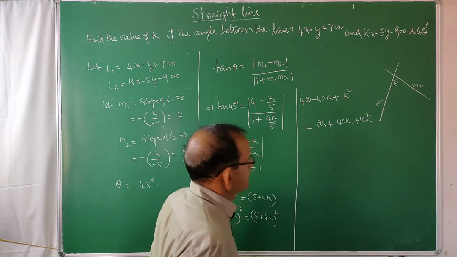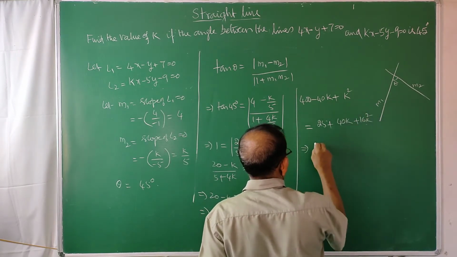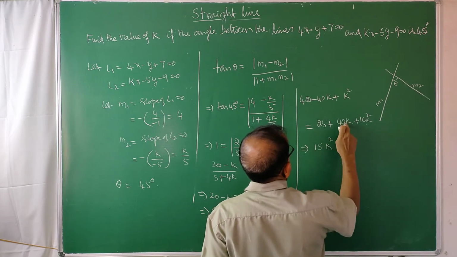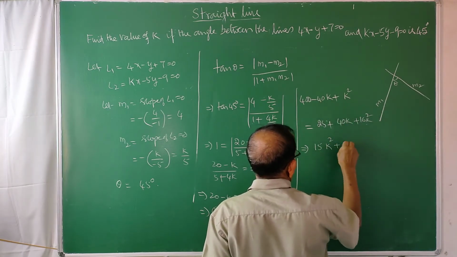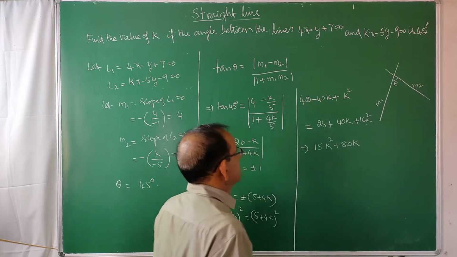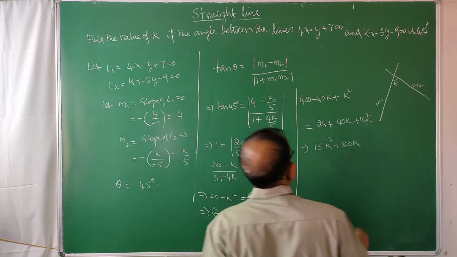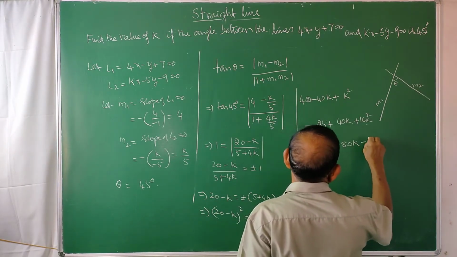Now bring all the terms to the right side. 16k square minus k square, 15k square, 40k minus 40k, 80k, 25 minus 400, that is 375.